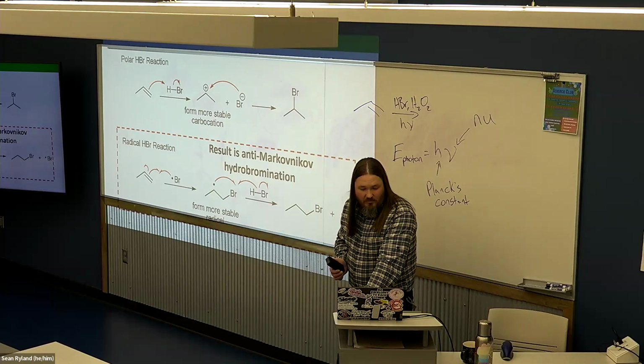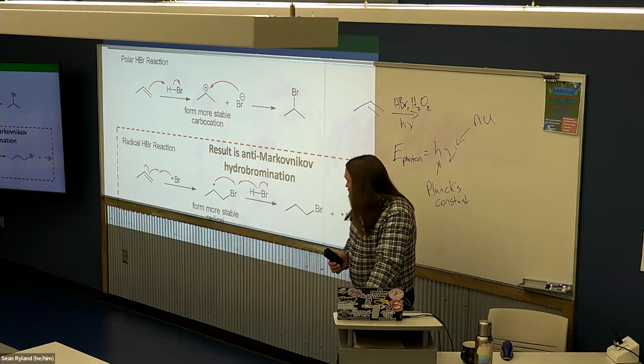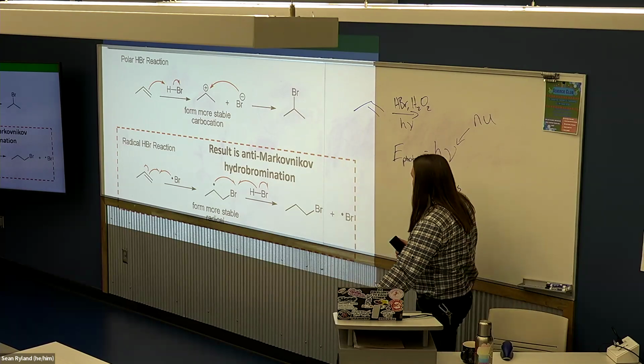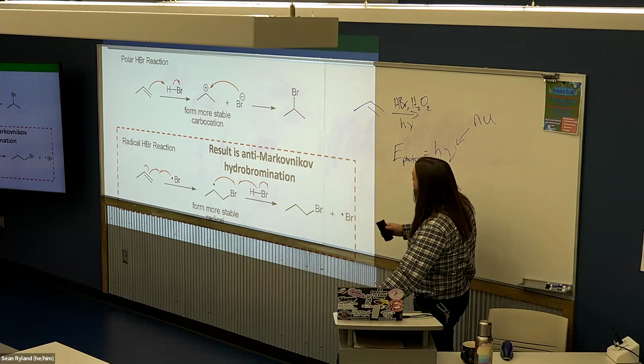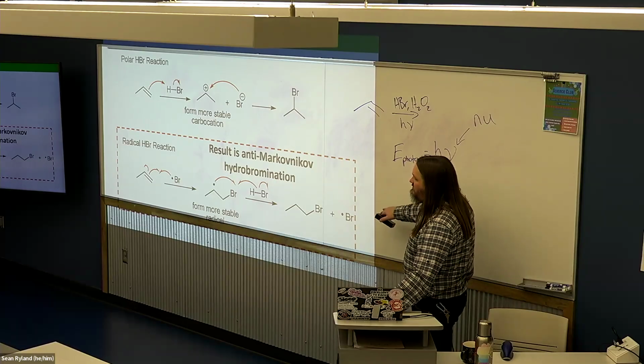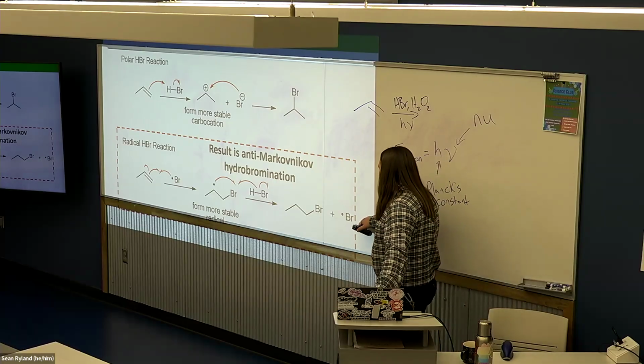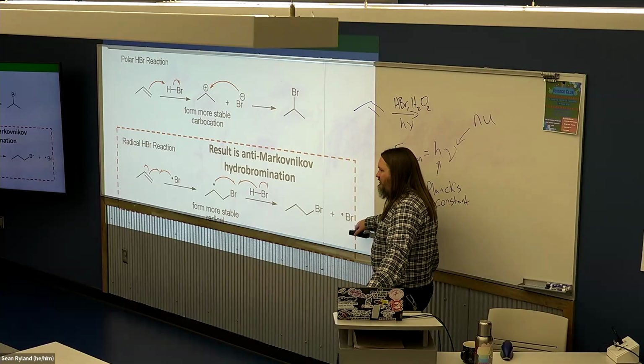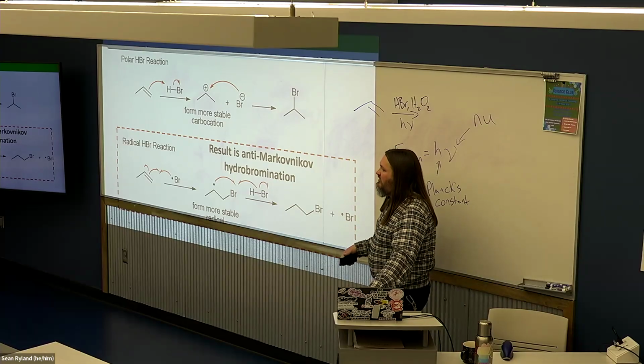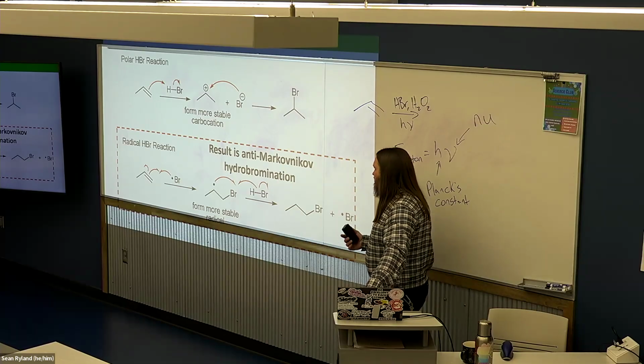Let's look at one more reaction here. Sorry, one more thing about these radical reactions: they wind up being really useful in a lot of cases because they're self-catalyzing. Once they start, they continue till everything's gone.